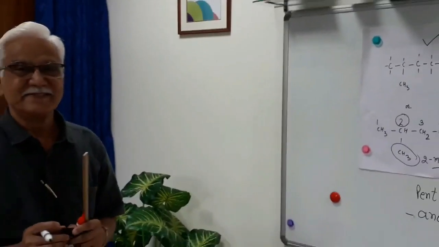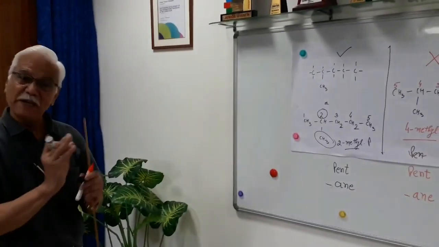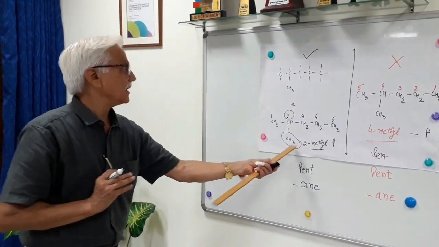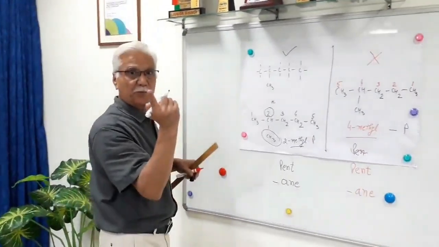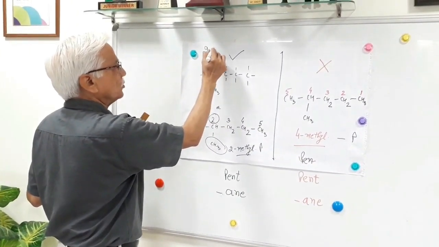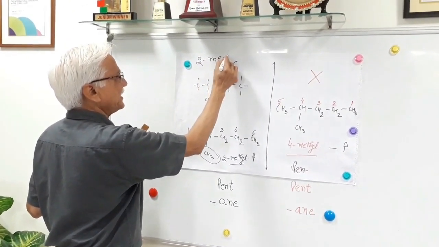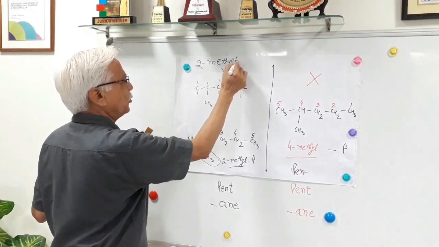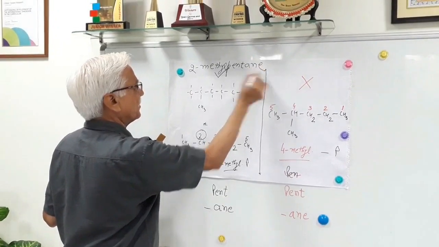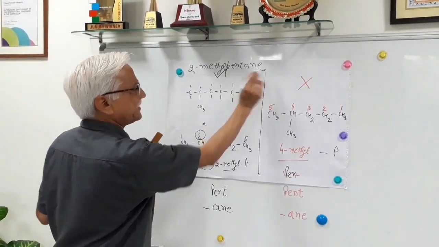Then what should be the name of this compound? There are 2 names of the same compound depending upon the numbering. In the first case, what should be the name? Here, first what should we write? Prefix. What is the prefix? 2, position, side chain methyl, root word pent, functional group ane. 2-methylpentane.